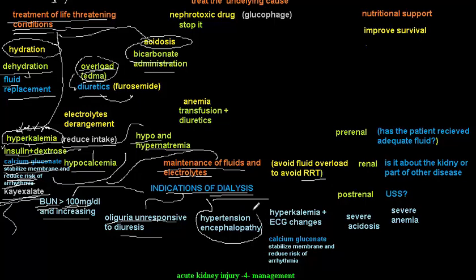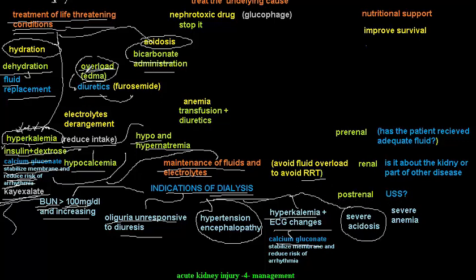If you have hypertensive encephalopathy, patients starting to have some encephalopathy due to the hypertension, you have to do dialysis. If you have hyperkalemia plus ECG changes and you give calcium gluconate, insulin and dextrose and they are not working, then please move to dialysis.